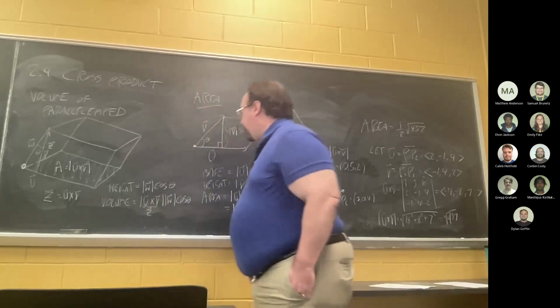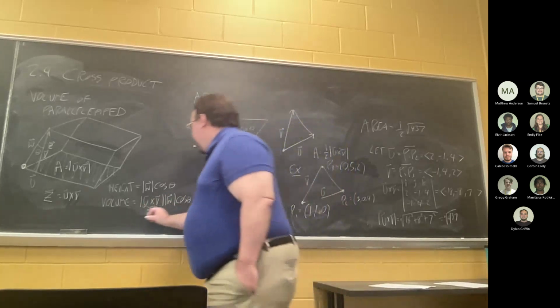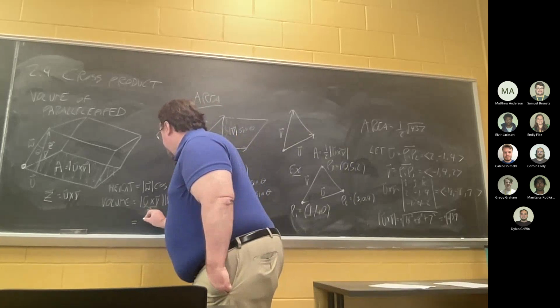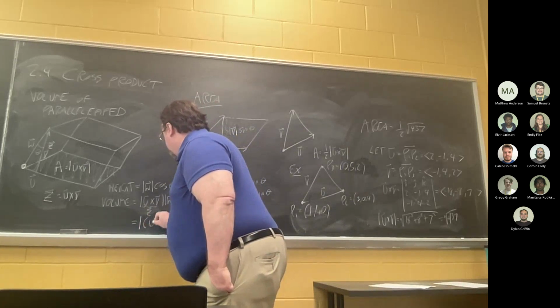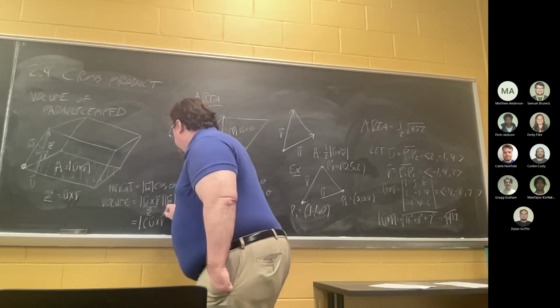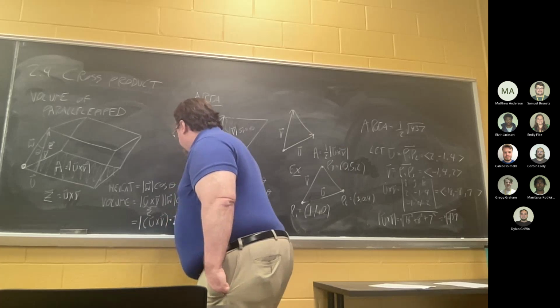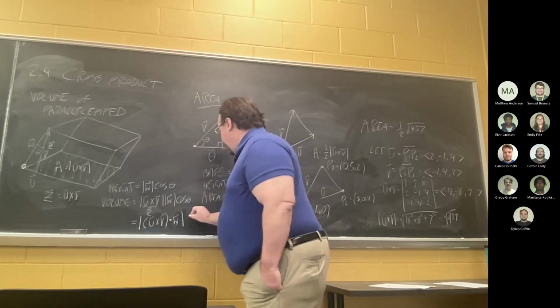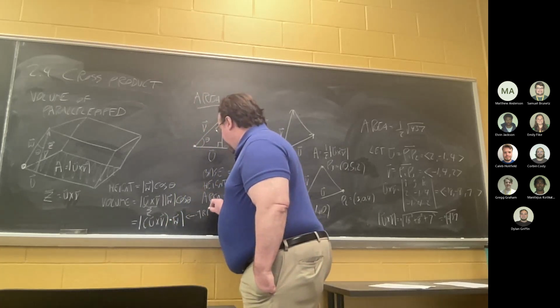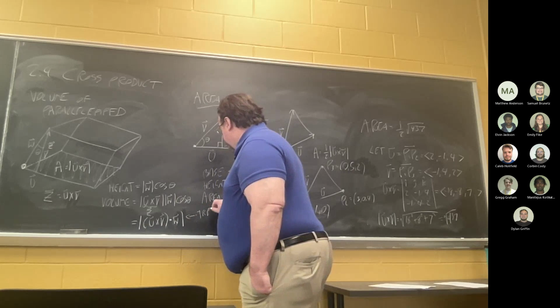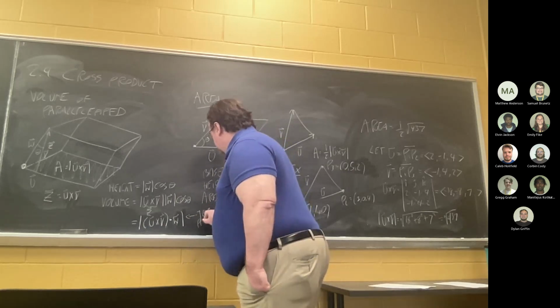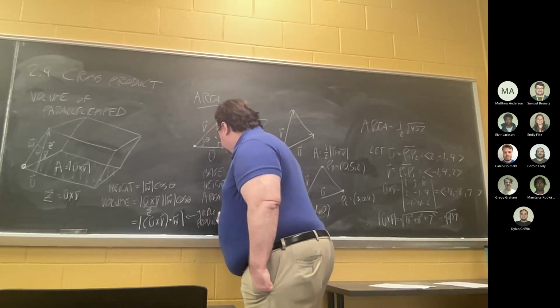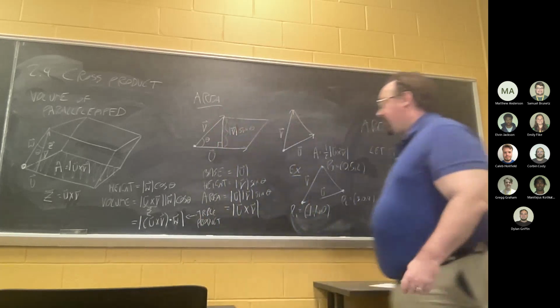the magnitude of the cross product of U and V times the magnitude of W times the cosine of the angle between the cross product and W. Another way of writing that is the absolute value of the cross product of U and V dotted with W. It's the absolute value of a triple product, and that gives you the volume of a parallelepiped.